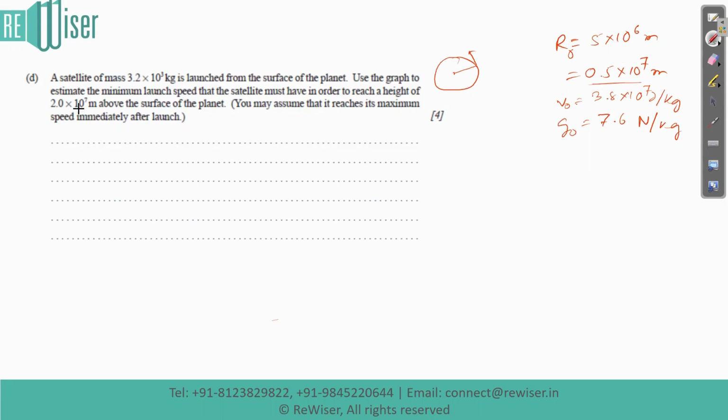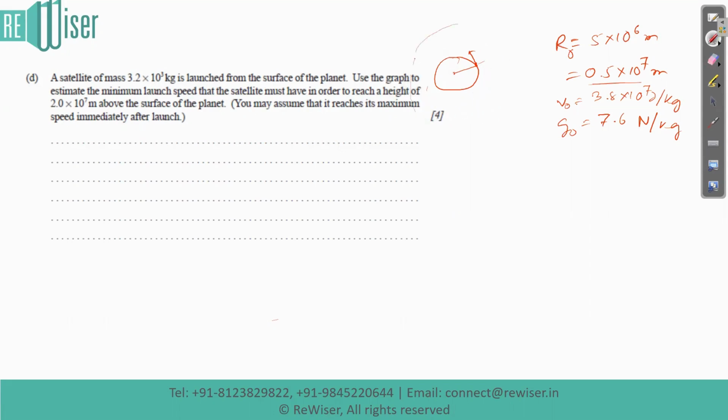Use the graph to estimate the minimum launch speed that the satellite must have in order to reach a height of 2 into 10 to the power 7. So it will definitely be orbiting. It wants to reach an orbit whose height from the surface is 2 into 10 to the power 7, so it should be much bigger.